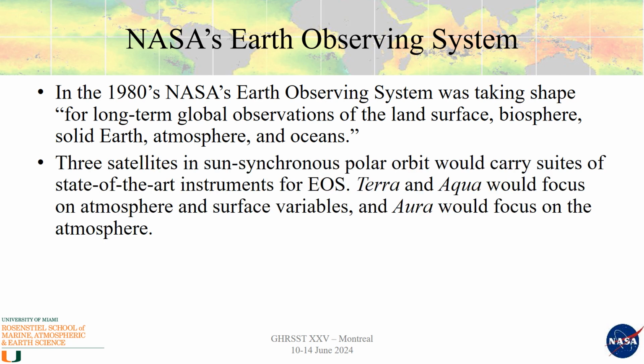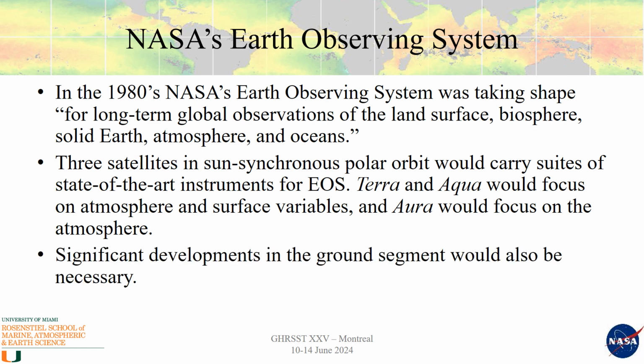Amongst a group of satellites were 3 that were to be launched in sun-synchronous polar orbit to carry extensive suites of state-of-the-art instruments, and these became known as Terra, Aqua, and Aura. Terra and Aqua focused on the atmosphere and surface variables, and Aura focused on the atmosphere.